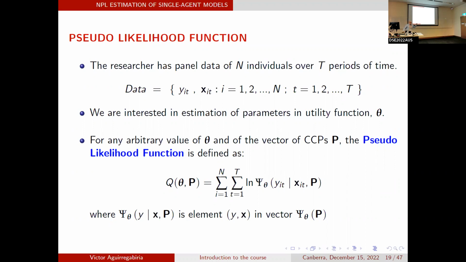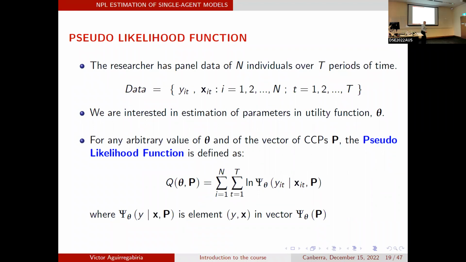Taking this into account, we could define the maximum likelihood estimator as a constrained maximum likelihood estimator: the value of theta and P that maximizes this Q function, this pseudo likelihood, subject to the constraint that the vector P is a fixed point of psi for the vector of parameters theta.